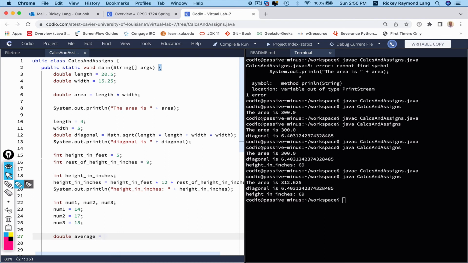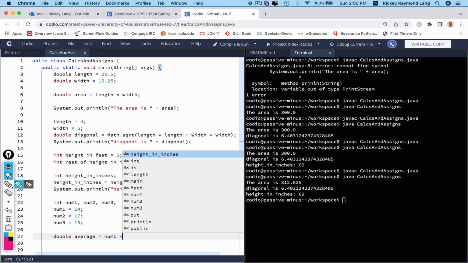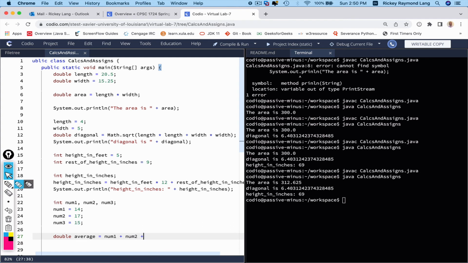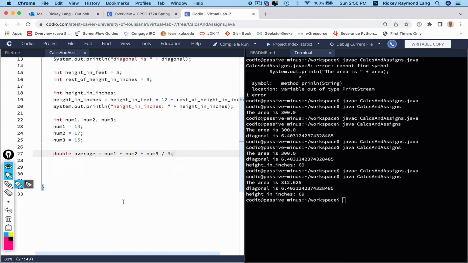And that would be the sum divided by the number of values. Now this is not quite correct, because precedence rules still apply, the same as they do in algebra.